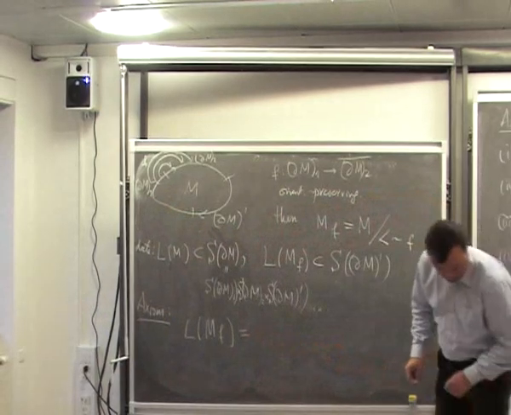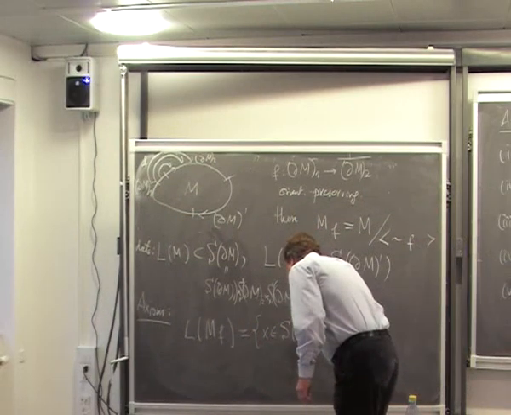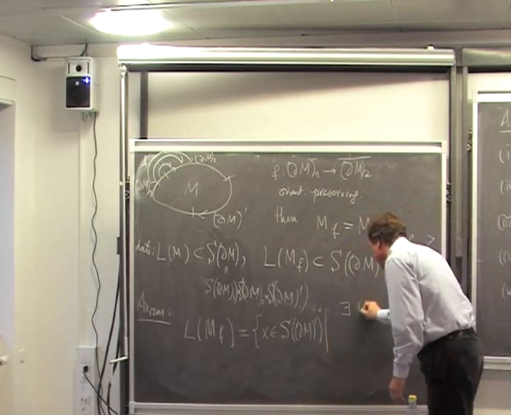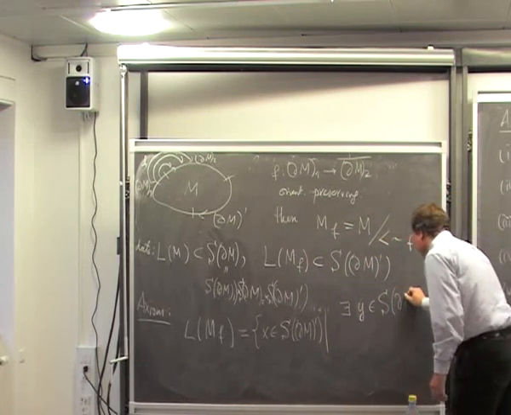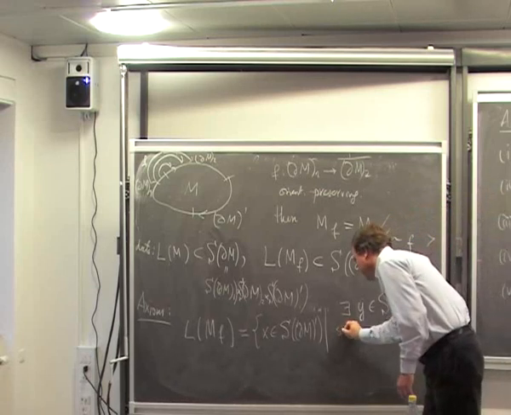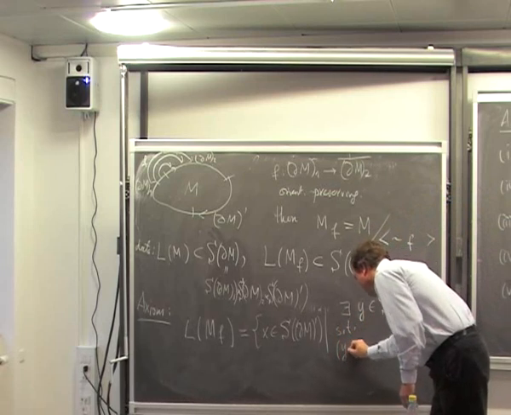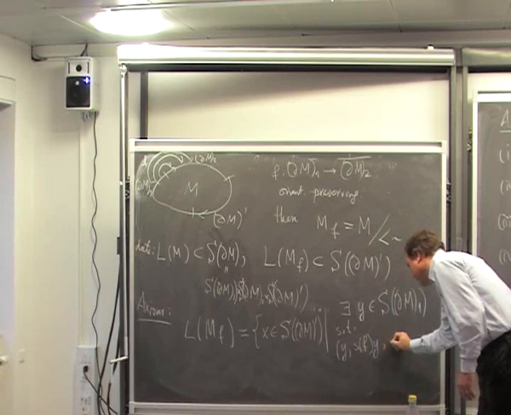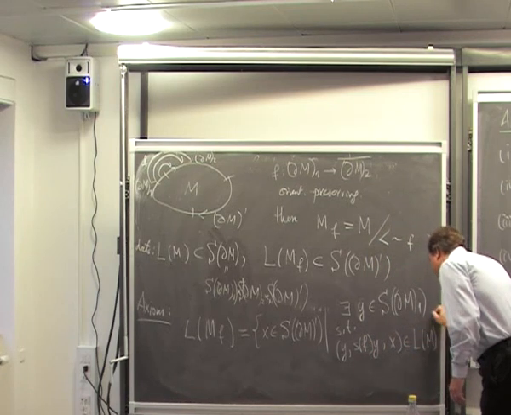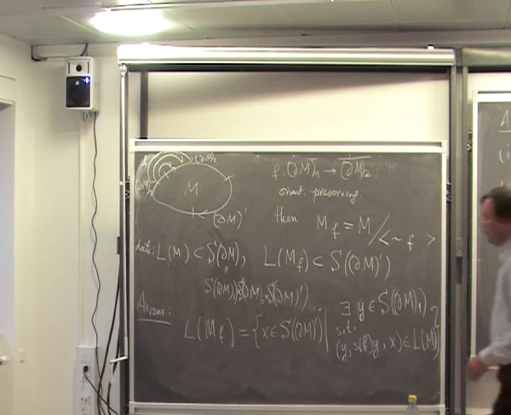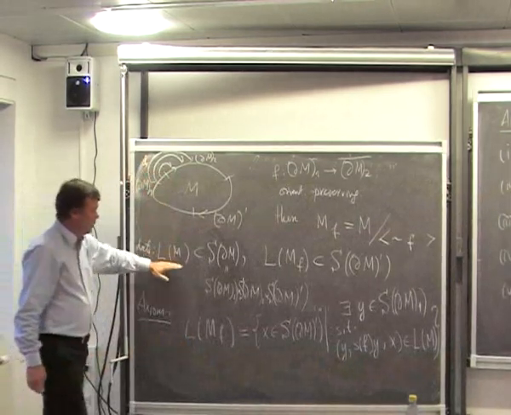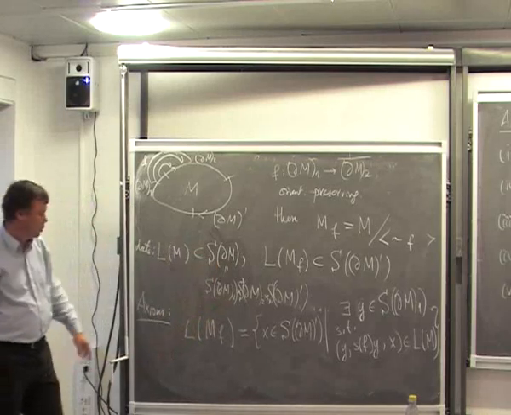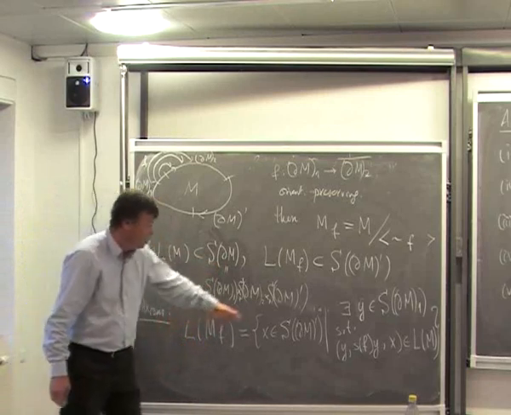L_{M_F} is equal to the set of points x in S(∂M') such that there exists y in S(∂M1) such that the triple y, S of the gluing map applied to y, and x belongs to L. So the data of the theory gives us these two manifolds, but then the axiom is that these manifolds should be the result of this, should be equal to this submanifold.